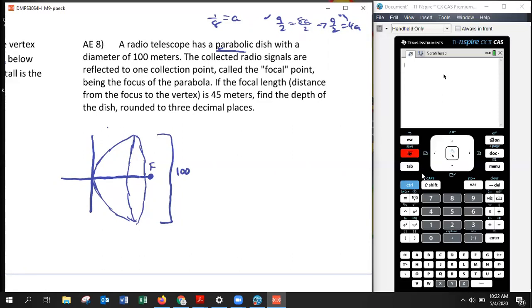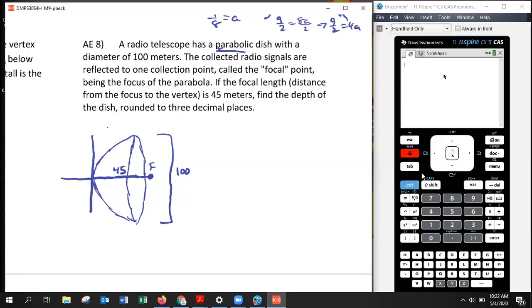That focal length, or the distance from the focus to the vertex, is 45 meters. So I know that that's 45. My goal is to find the depth of the dish rounded to 3 decimal places. Now, the mistake a lot of people make is thinking that the focal point is going to be along that latus rectum. That's not necessarily the case.